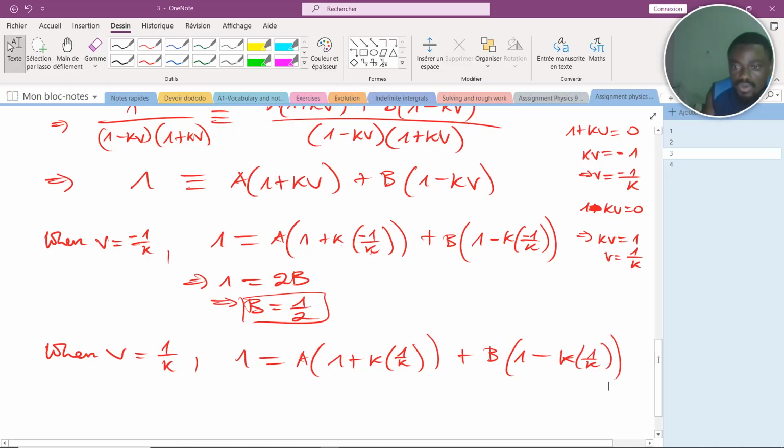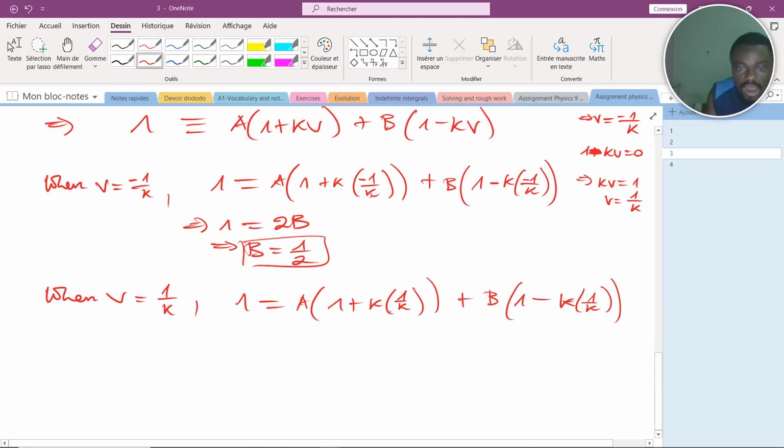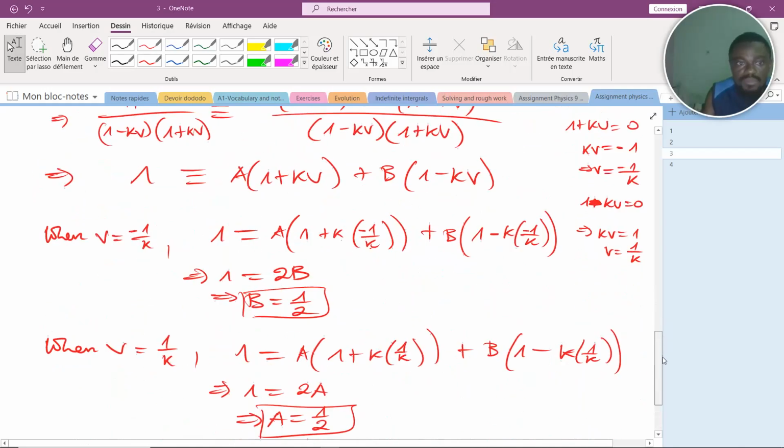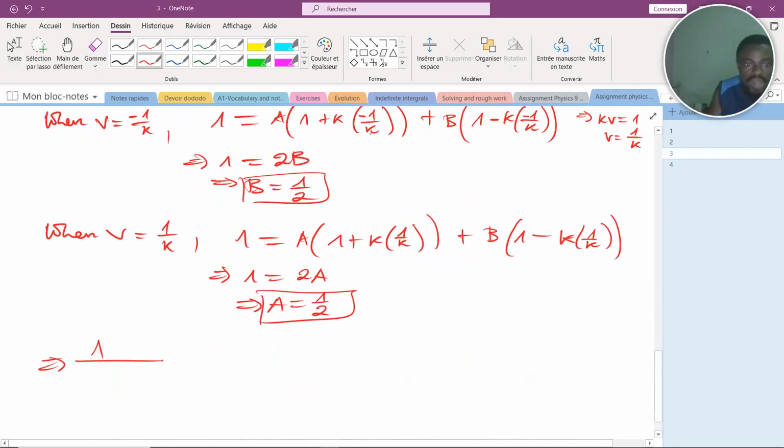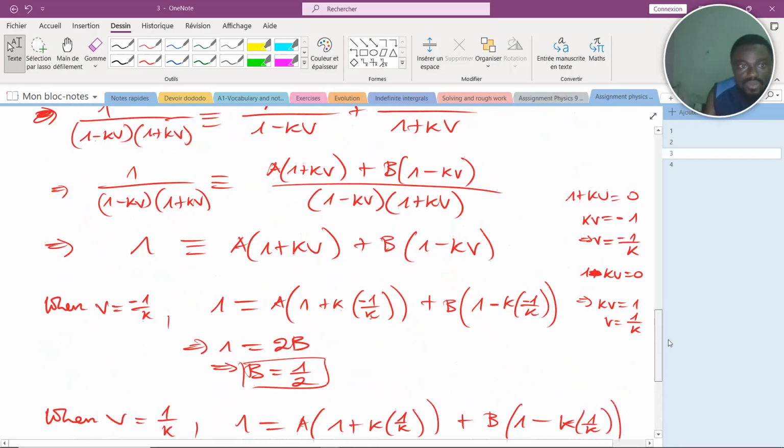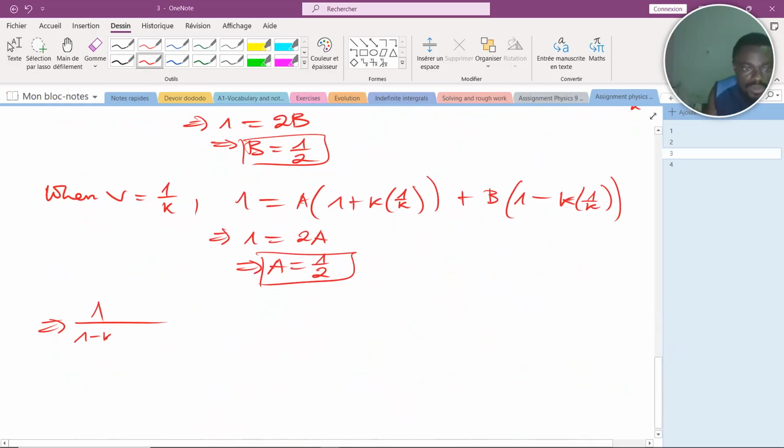So all this B term will go, and here we shall be left with 2A. So this implies 1 will be equal to 2A, implies A is equal to a half. So we have already our A and B. Is that okay? So this implies 1 over (1 minus kv) into (1 plus kv) is identical in partial fractions to what?